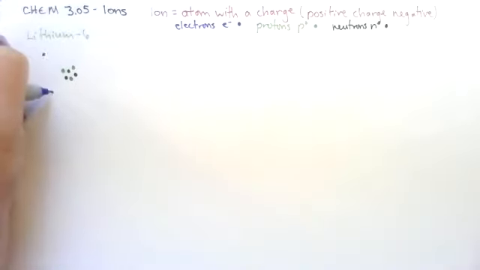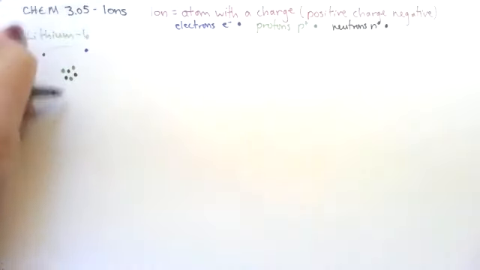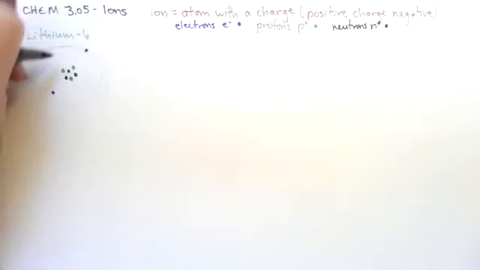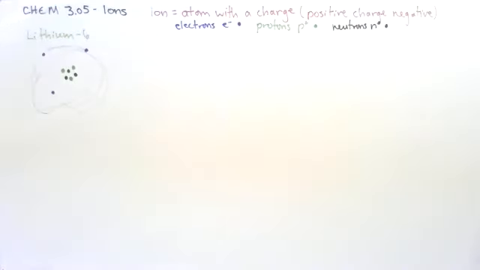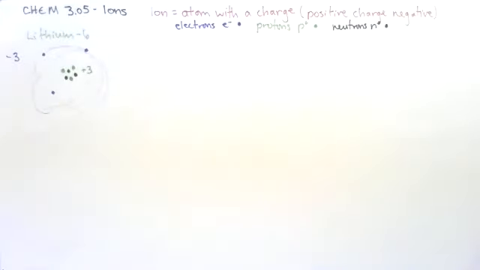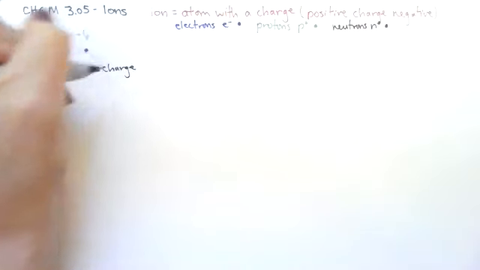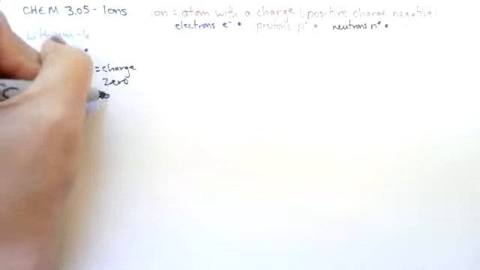So that means around the outside, I'll draw the orbits for this first one. Those represent orbits. Orbiting around the outside, they're actually in orbitals, we have 3 electrons. So this ends up with a -3 charge, and this has a +3 charge. And -3 plus +3 gives me an overall charge of 0. So we call that neutral.